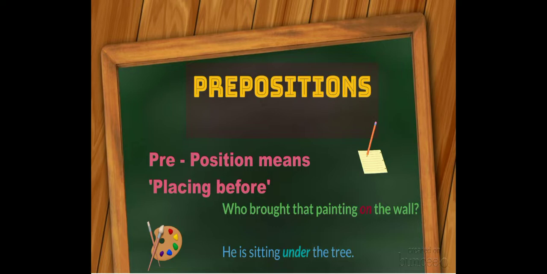Again, in the second example, he is sitting under the tree. The word under, which is a preposition, is placed before the noun the tree. Okay, so it is clear that most of the time a preposition is placed before a noun or a pronoun.